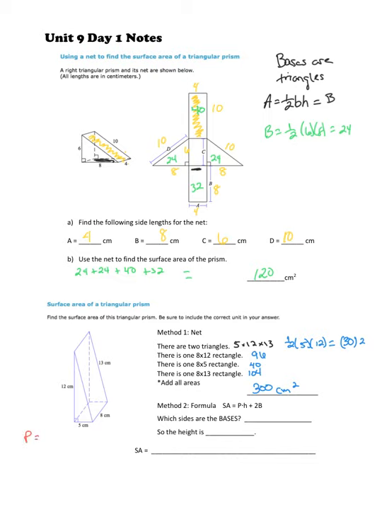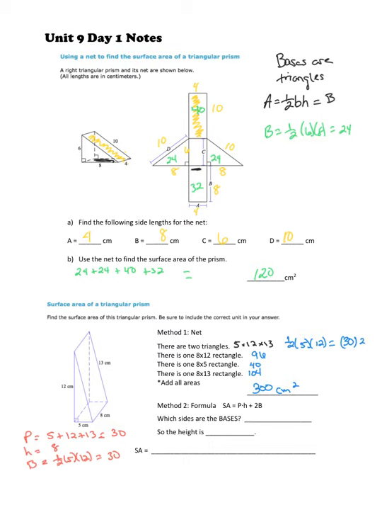P, the base is a triangle, right? 5 plus 12 plus 13 equals 30. H is the distance between the 2 bases, that's 8. Big B equals the area of the base, which is 1/2 times 5 times 12, which equals 30.